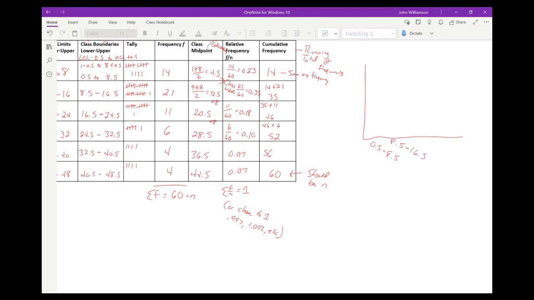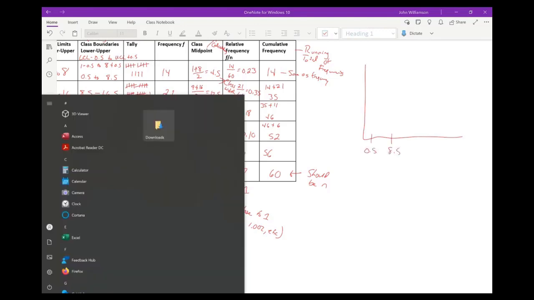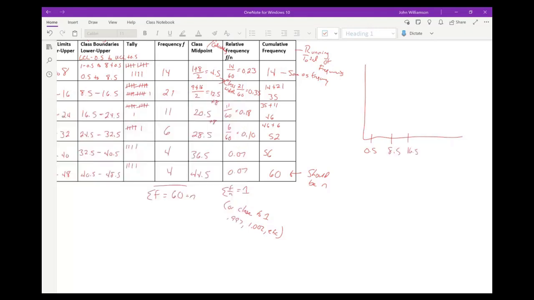Don't do that. Be careful. We're going to use the boundaries, but think of it like the number line: 0.5, 8.5, 16.5, and so on. Each number just shows up once, just like a number line.